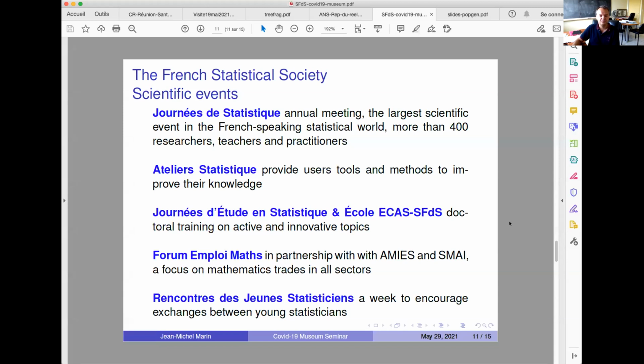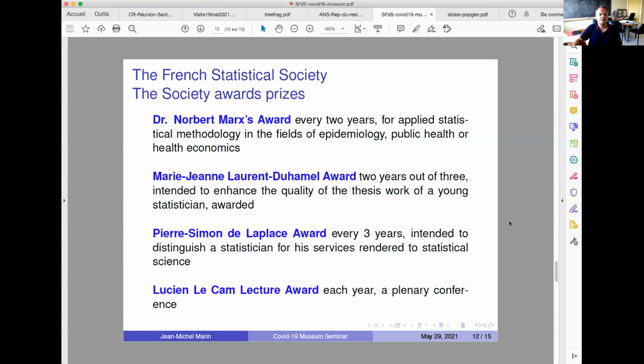We have also organized events for meetings between young statisticians, a focus on mathematics careers in all sectors, with Forum Emploi Maths, and also Ateliers Statistique, which provide users with tools and methods to improve their knowledge. The society also awards prizes. I don't want to develop this part.